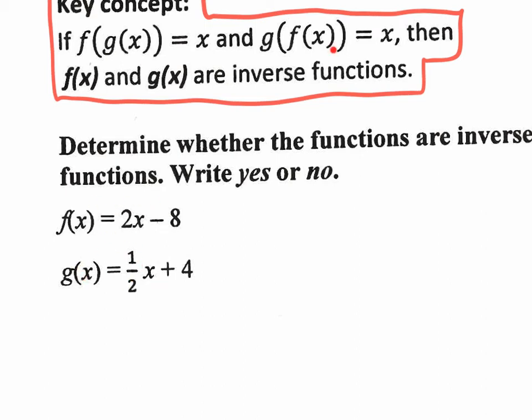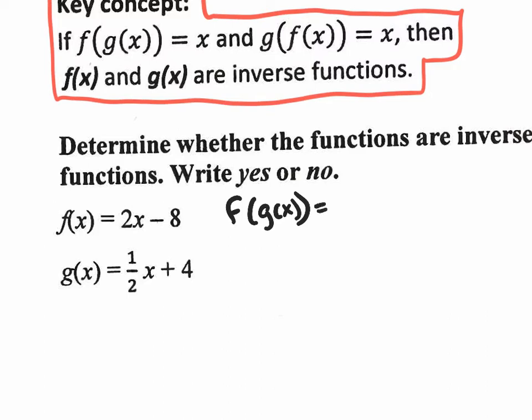But the above key concept allows you to plug one into the other and then vice versa. And if both of them equal x, then you know for a fact that they are inverse functions. So let's check that. Let's do f of g of x. What does that mean? I'm going to plug in my g of x into my f of x function. And my answer should be just x.